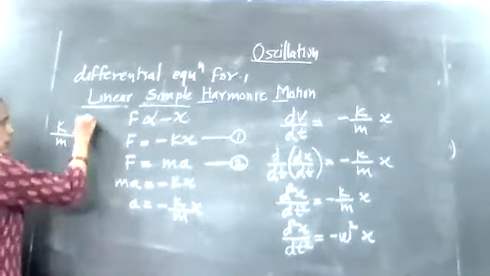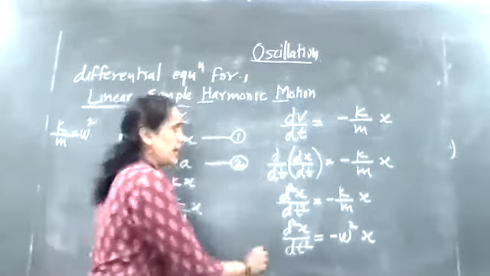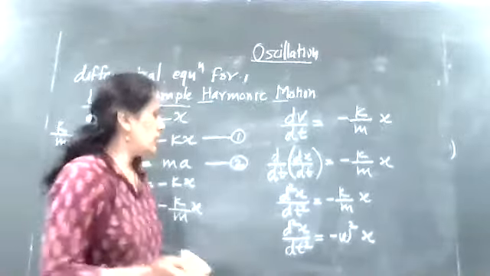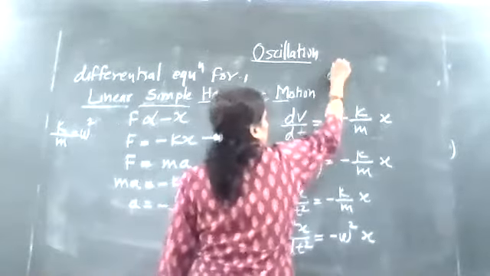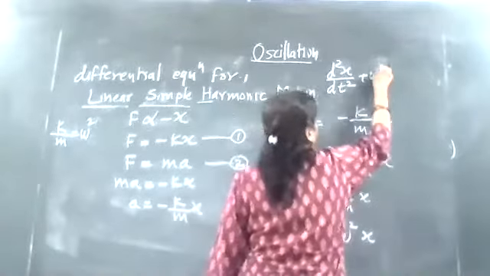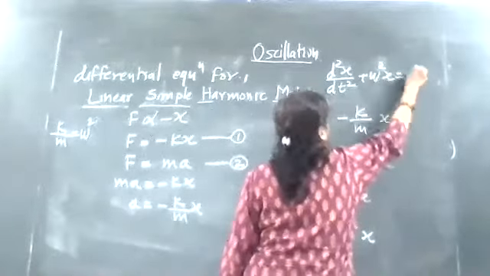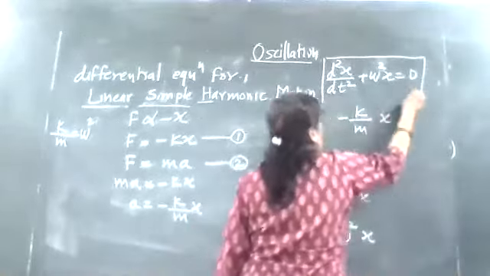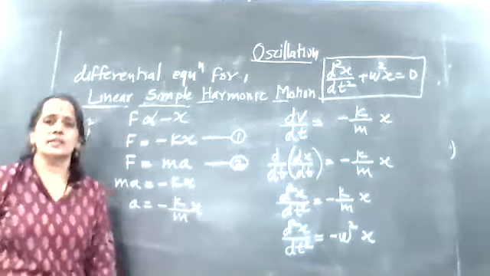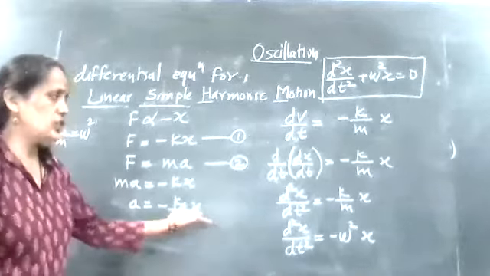So I can now rearrange this equation: d square x by dt square plus omega square x is equal to 0. This is called the differential equation of simple harmonic motion. Finish your 2-mark question.